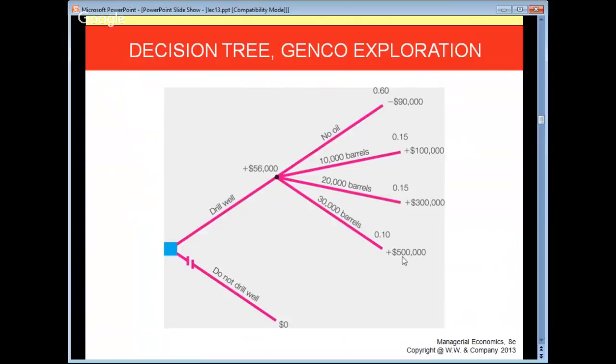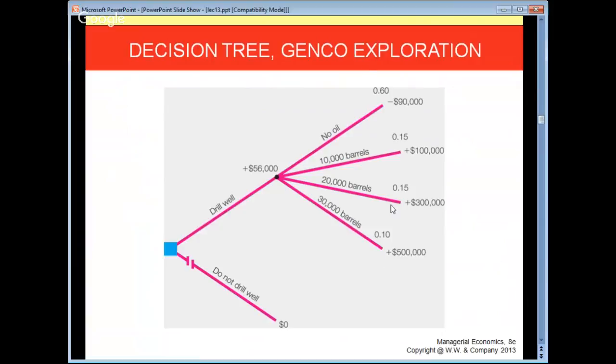So, like I said, going through that, there's a 15% chance that the well will produce 10,000 barrels, and that'll give you $100,000 of profit. There's a 15% chance that it'll produce 20,000 barrels, and that'll give the company a $300,000 profit, and a 10% chance that it'll give you 30,000 barrels, and that would give you $500,000 profit.